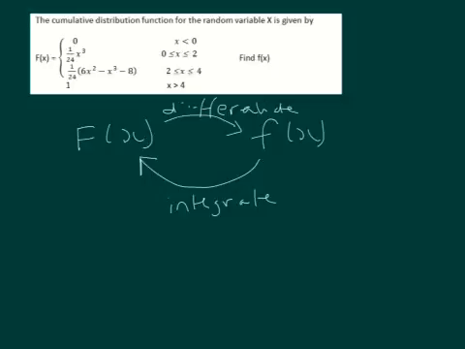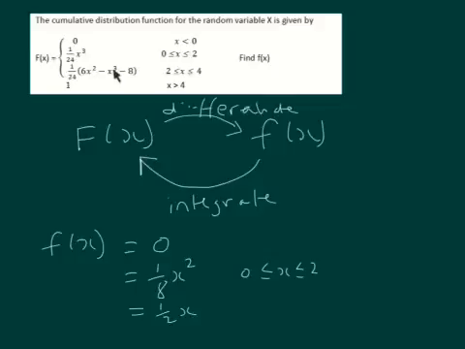So if we differentiate naught, then that's clearly naught. If we differentiate 1/24 x cubed, that's 1/8 x squared. If we differentiate 6/24 x squared, that's half x.